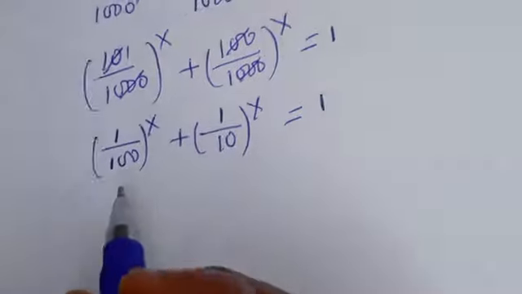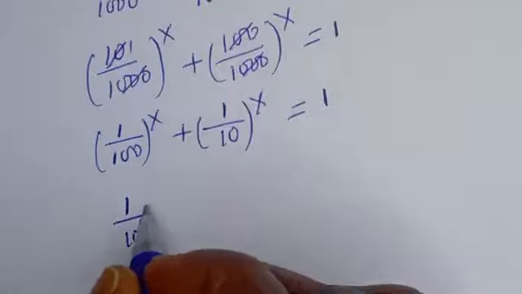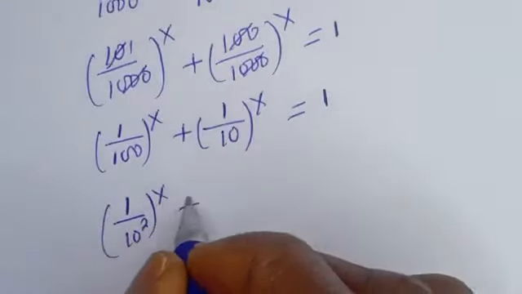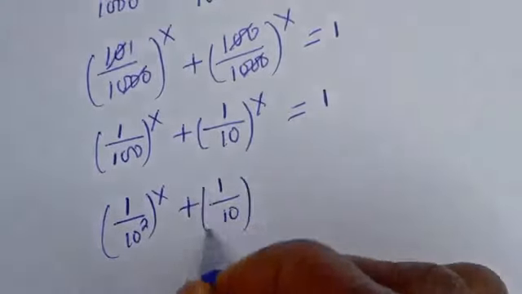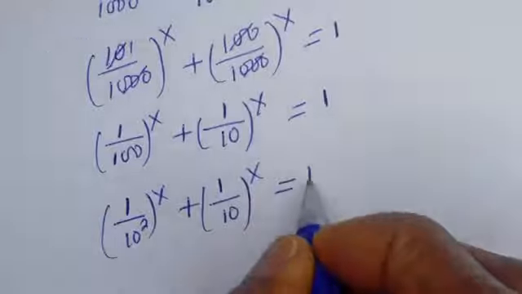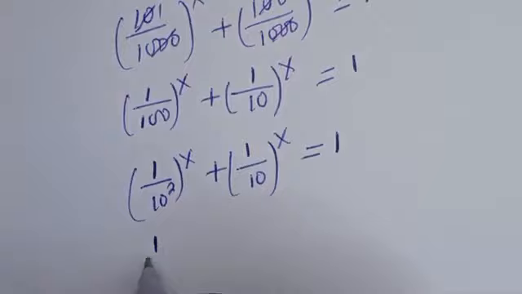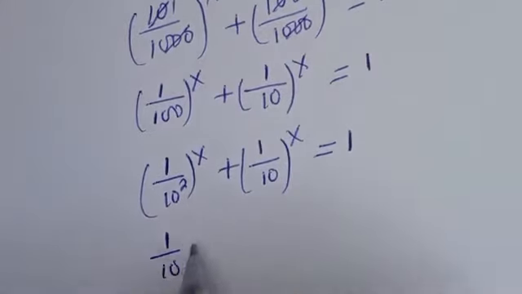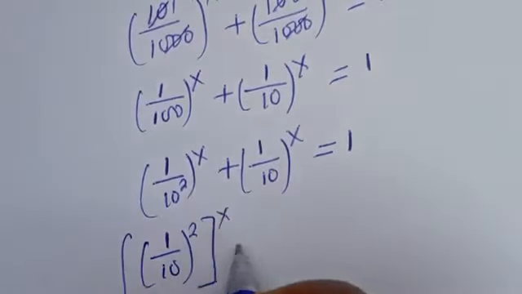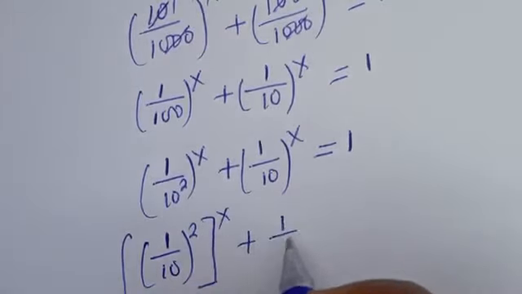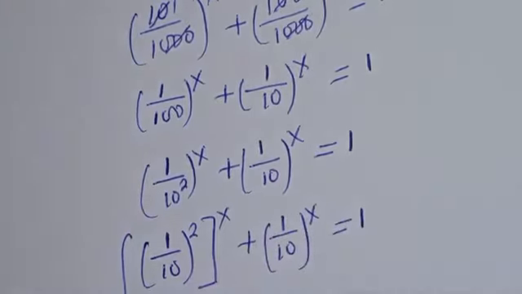Now, this can be written as 1 divided by 10 square all to the power of x plus 1 divided by 10 all to the power of x is equal to 1. So this can be written as 1 divided by 10 all square, then all to the power of x plus 1 divided by 10 all to the power of x is equal to 1.